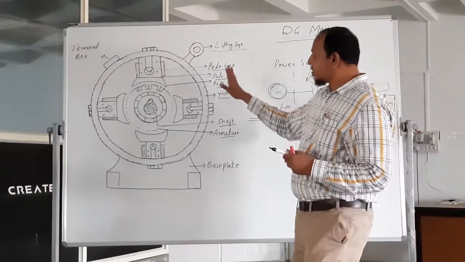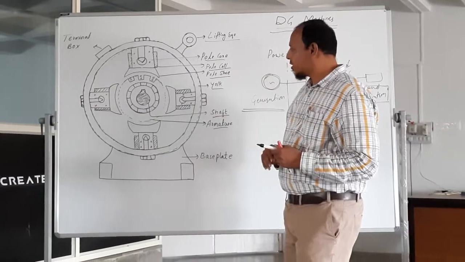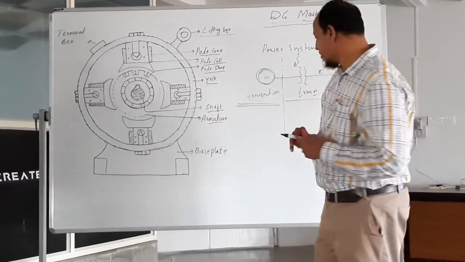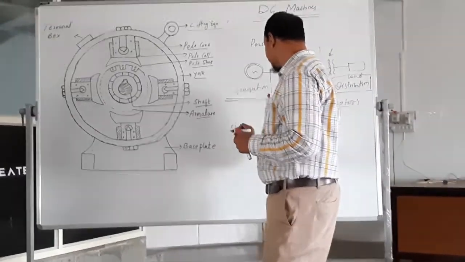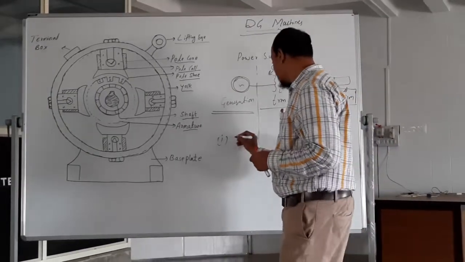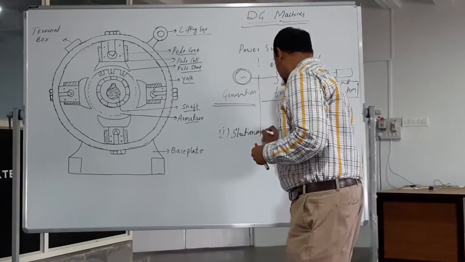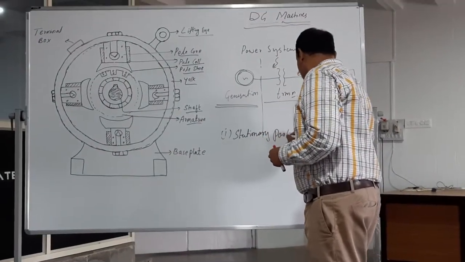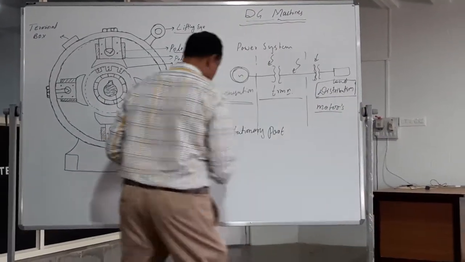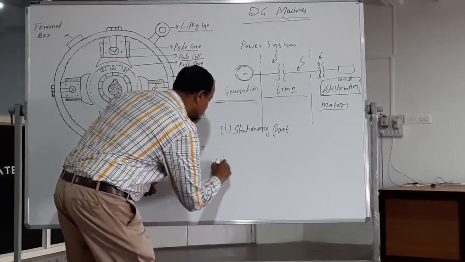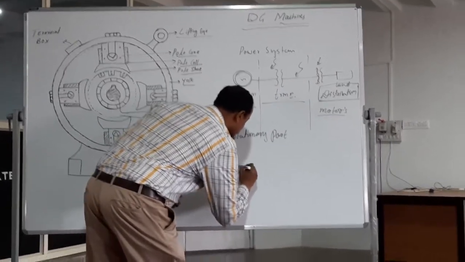This entire construction of the DC machine is classified into two types: the first one is the stationary part, and the second one is the rotating part.